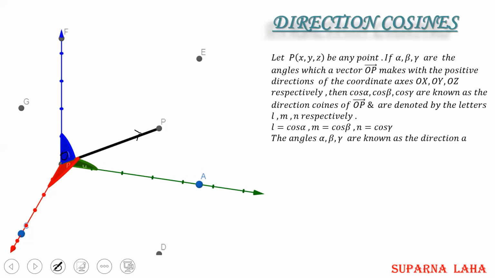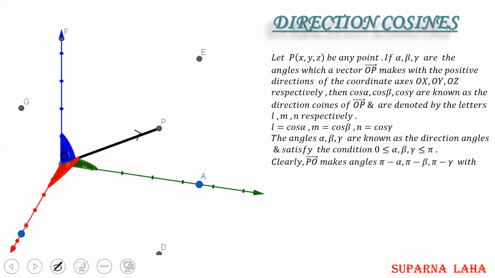Okay, if we change the direction from OP to PO, the angles change into pi minus alpha, pi minus beta, pi minus gamma, and the direction cosines change into minus l, minus m, and minus n.